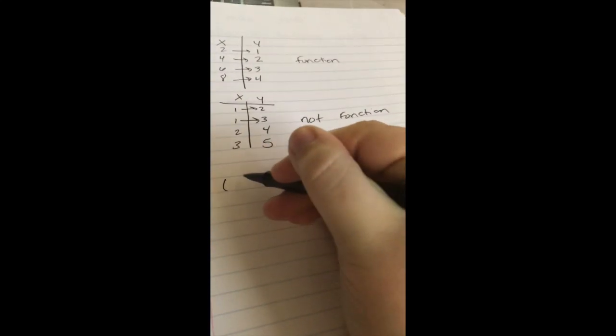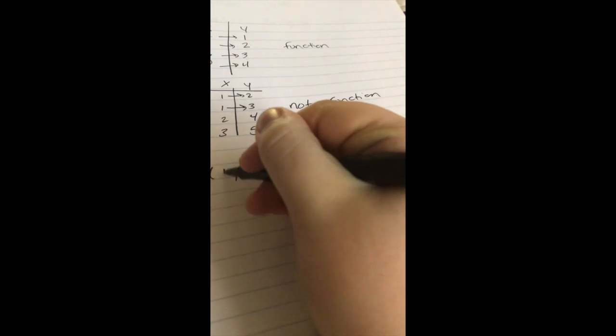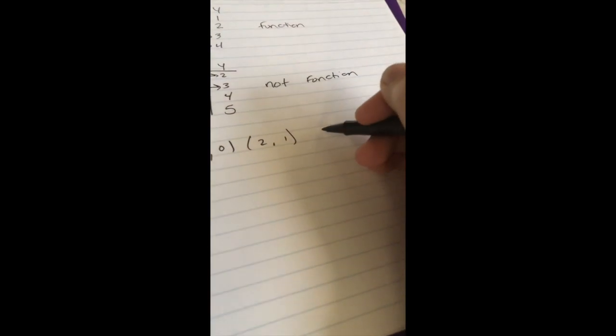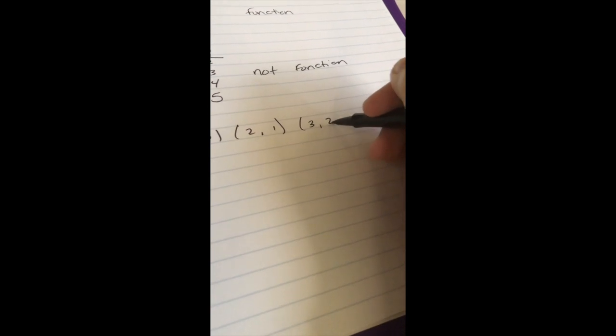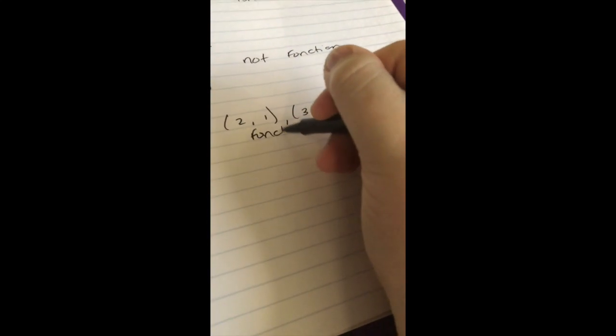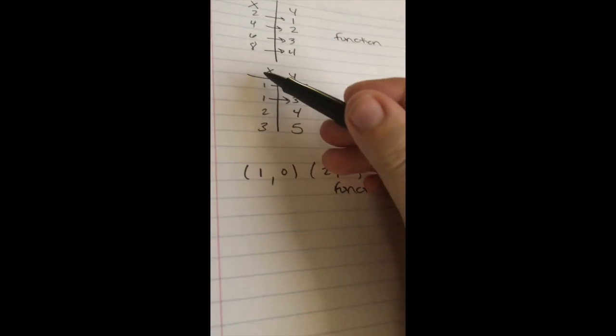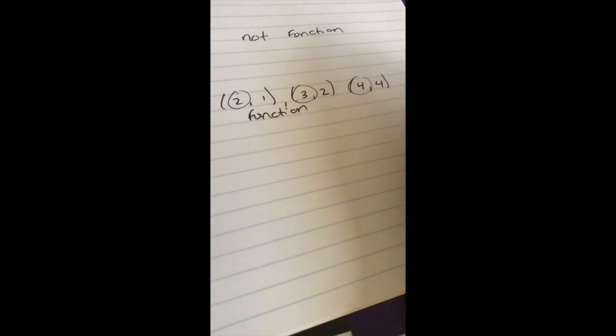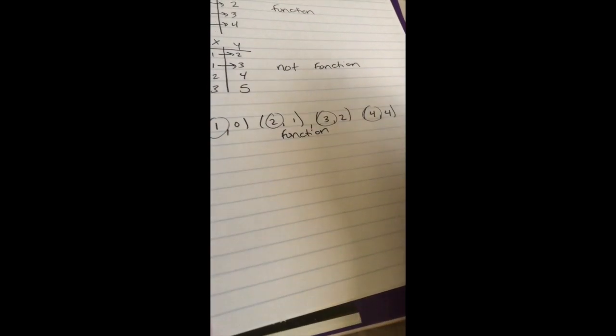We can also see this in coordinate points. If we have (1, 0), (2, 1), (3, 2), (4, 4), this is a function. And what we're looking for here is our x points, our inputs, in which we have 4 different x points.